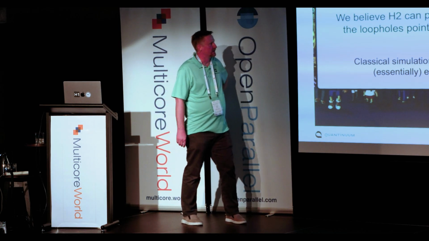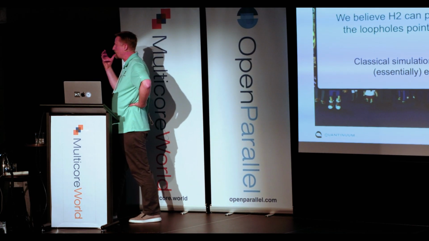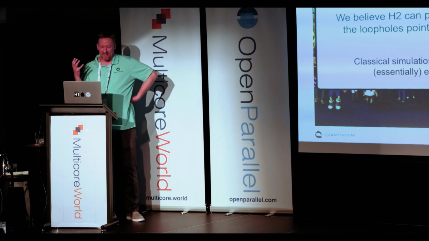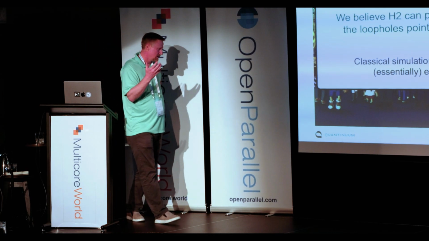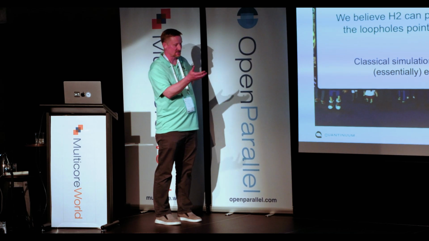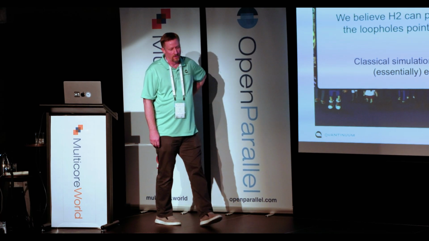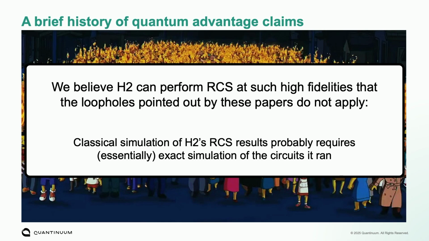But we really believe that basically the classical computing algorithms are exploiting the fact that you had finite fidelity of your quantum computer, and that made it much easier to simulate these approximate solutions. But as you lower the error rate, you hit a threshold where these tensor network methods and things just fail, and we think we're on the right side of that.